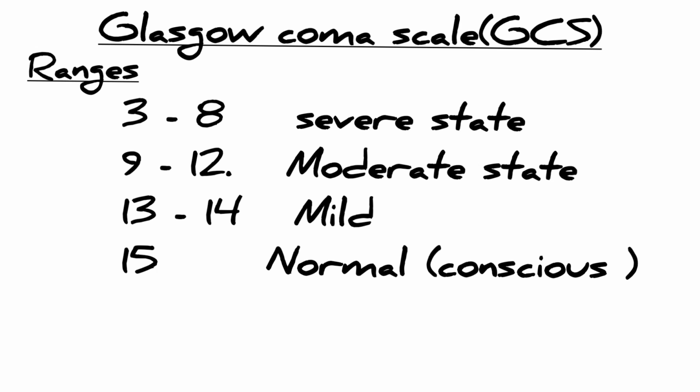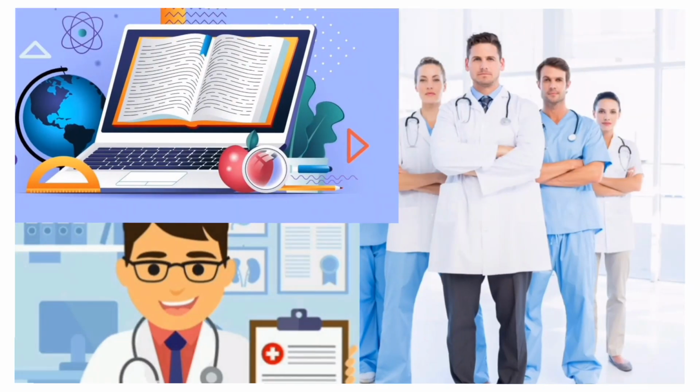Then in case they have a score of 9 to 12, that is moderate. And then in case they have a score of 13 to 15, that is mild. So they may not require very serious medical intervention. Then in case they have 15, that is the normal score. These patients are normal. That's what we had on the Glasgow Coma Scale.